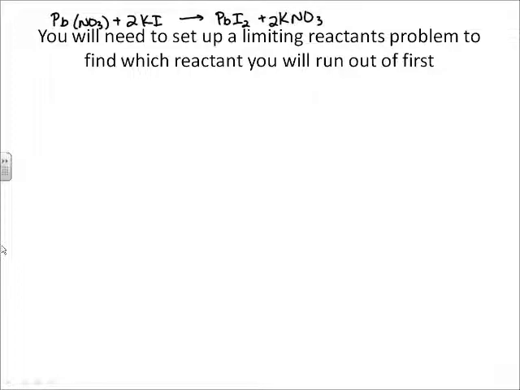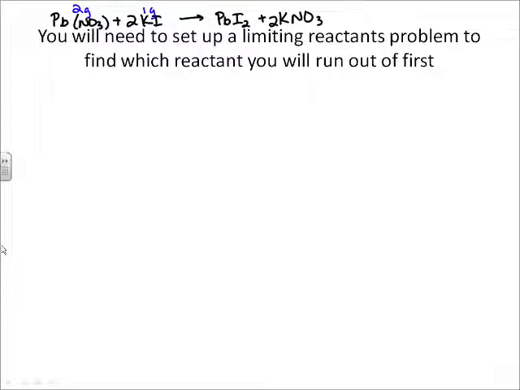So what we need to do is set up a limiting reactants problem to find which reactant we're going to run out of first. And in our pre-lab, the question that it asks us is, if we have 2 grams of our lead-2 nitrate, and we have 1 gram of the potassium iodide, which one do we run out of first?